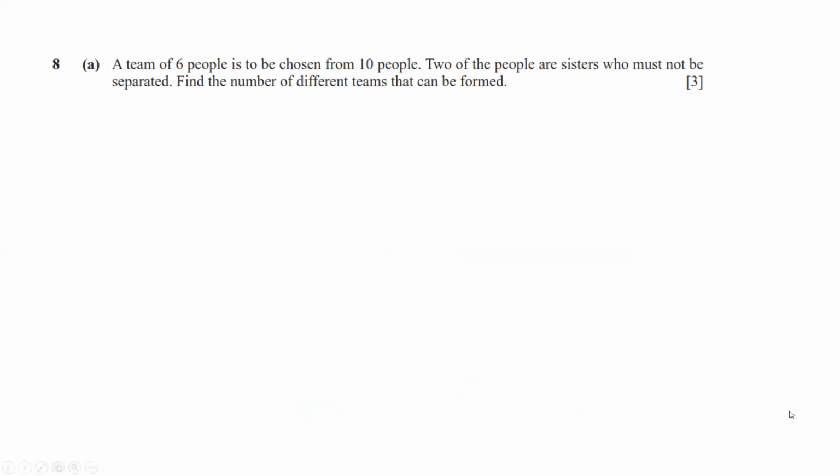Question number 8 says that a team of 6 people is to be chosen from 10 people. So if we have to select a team of 6 people from 10 people, it will simply be 10C6. Now it says 2 of the people are sisters who must not be separated.